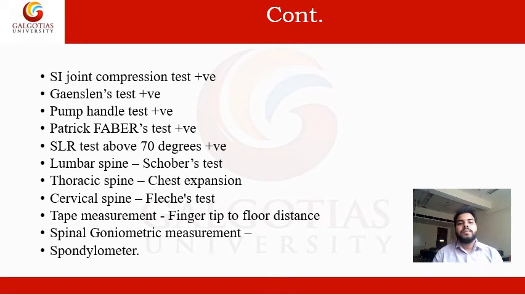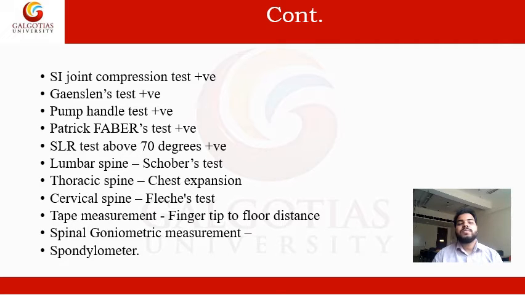So what tests can we do for ankylosing spondylitis? SI joint compression test, which will be positive, Gaenslen's test, positive, pump handle, positive, Patrick's FABER, positive. SLR you can do for neuropathies. To check lumbar spine stiffness, you can do Schober's test. For the thoracic spine, you can check by the chest expansion test.